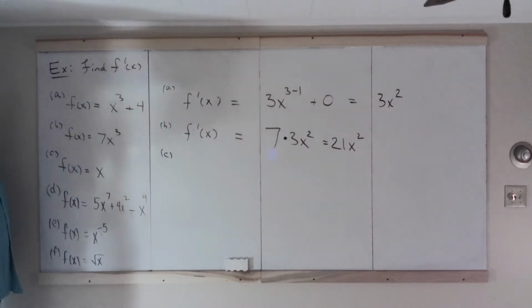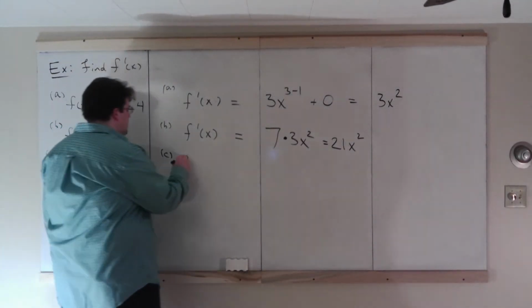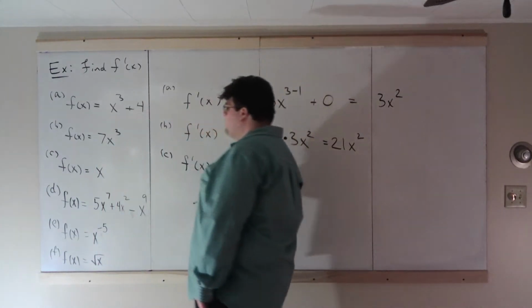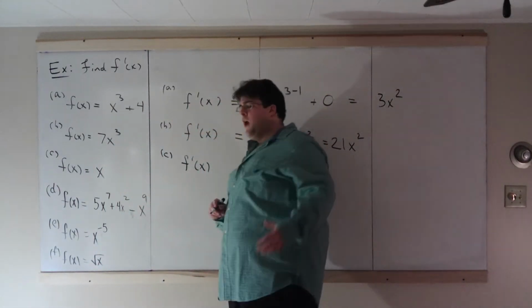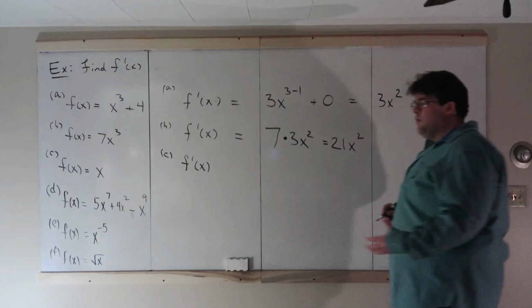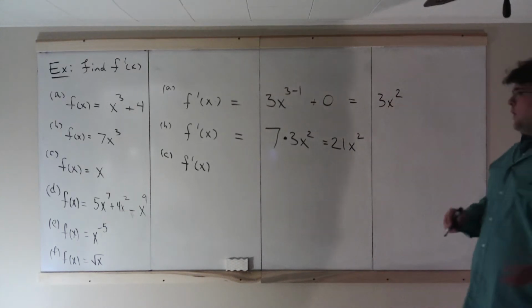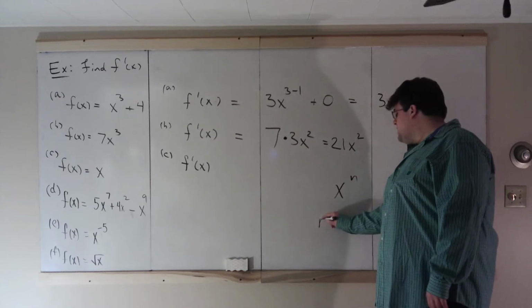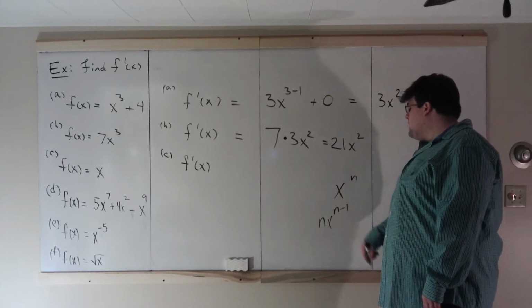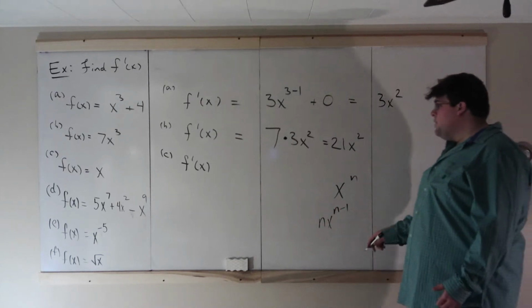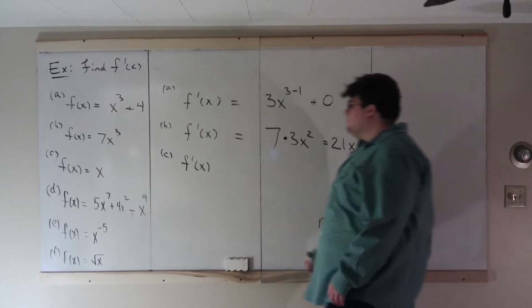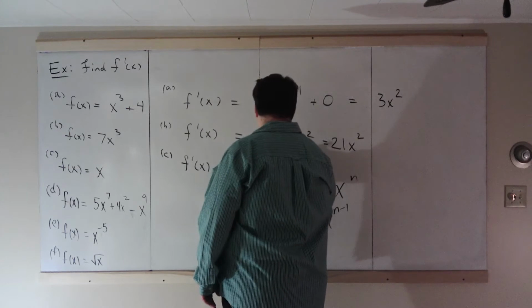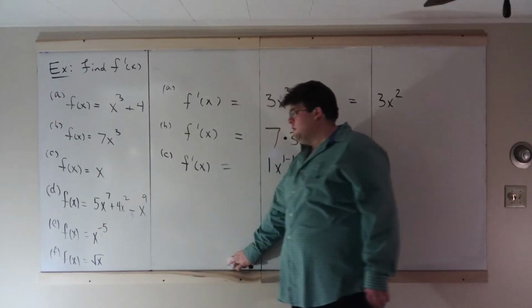How about this next one? F of x equals x. How do we deal with x? Well, again, x is a power function because x is x to the 1. Derivative of a power function, x to the n, is n x to the n minus 1. What happens if n equals 1? Well, if n equals 1, what do you get? 1x to the 1 minus 1.